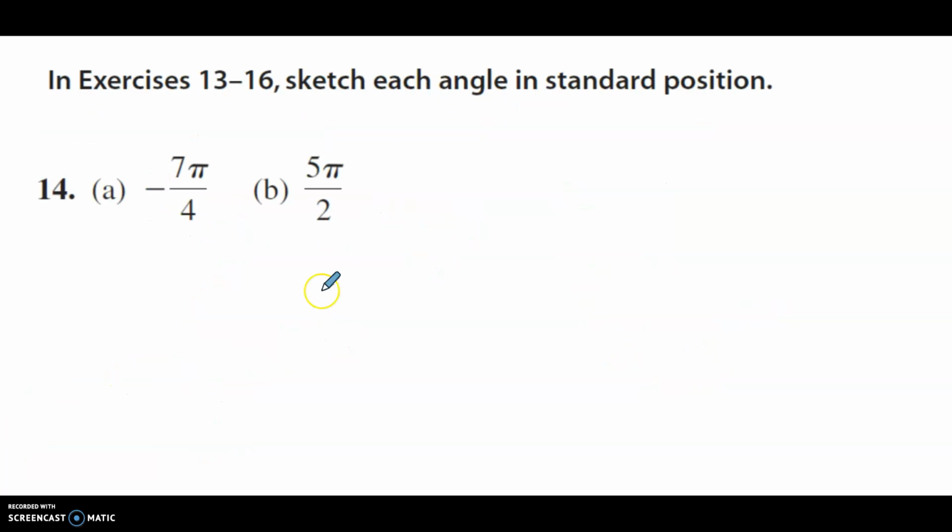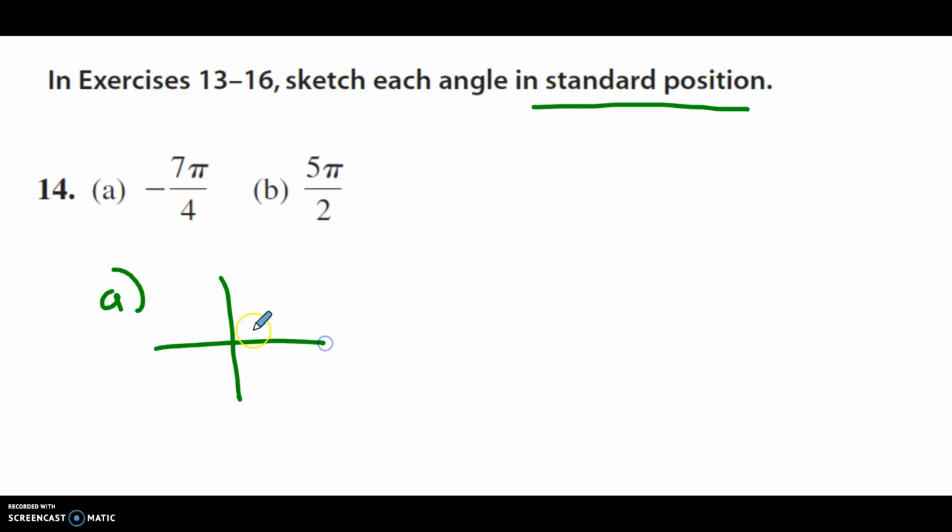Okay, moving on. It says sketch each angle in standard position. Standard position means that you're starting from 0. So here, this is still practicing the same idea. You're going to have pi, and you're dividing in a section of 4, and it's negative rotation. So you're taking pi, which is right here, and I'm dividing it in 4 sections.